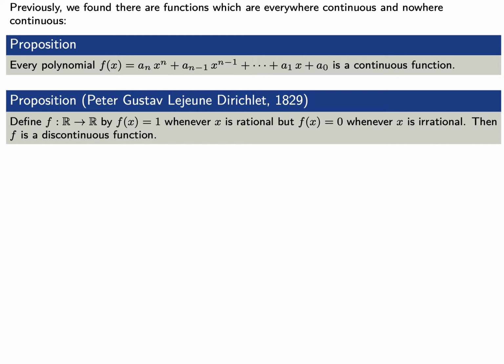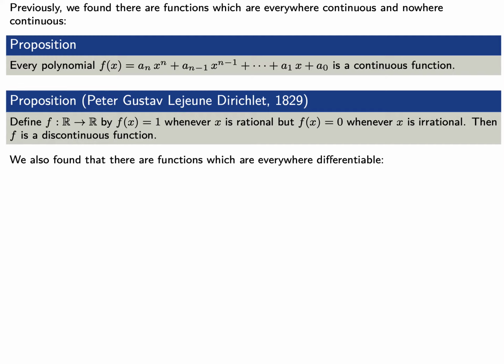Similarly, Dirichlet proved in 1829 that there is a function which is discontinuous at every real number. Indeed, consider that function f such that f of x is 1 whenever x is a rational number, but f of x is 0 whenever x is an irrational number. Then we found earlier in the course that this function is discontinuous for every real number.